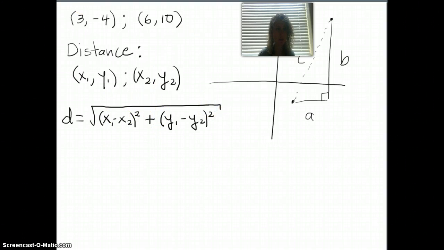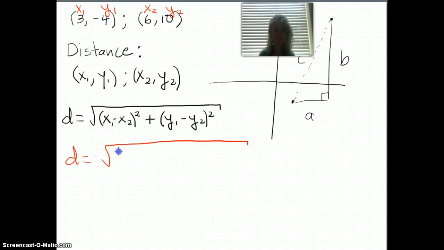So now let's plug in, and we'll use red to label. So this is going to be x1, and this is going to be x2, and this is y1, and this will be y2. Okay, so now we have all 4 of the values that we need to plug in. So our distance is going to equal, for this problem, a big square root sign.